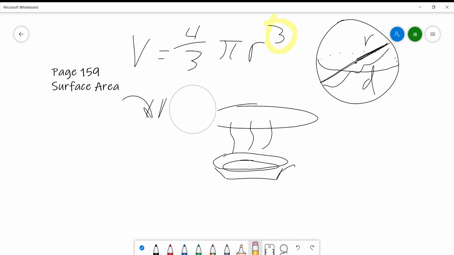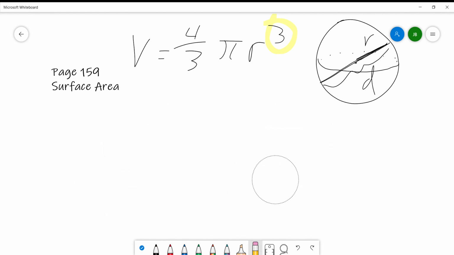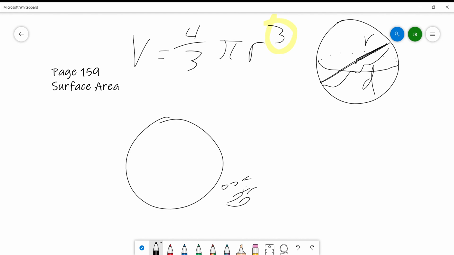Think about Dippin' Dots. Dippin' Dots melt faster than any other ice cream known to man because Dippin' Dots, instead of being one giant sphere, is a whole bunch of dinky little spheres. The air touches more of the surface of your ice cream. Instead of one giant scoop of ice cream, you've got a bunch of tiny little micro scoops.